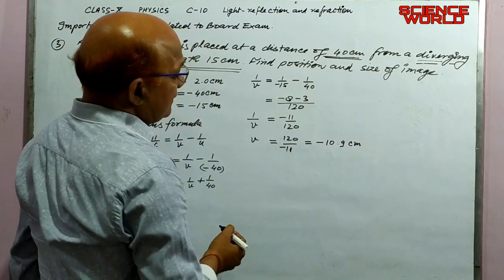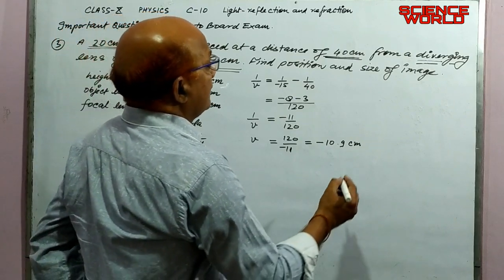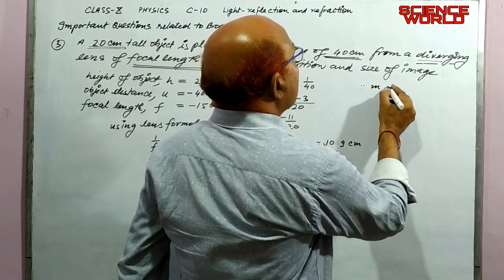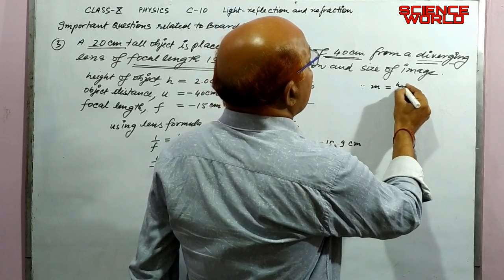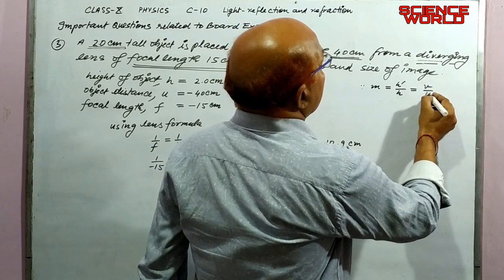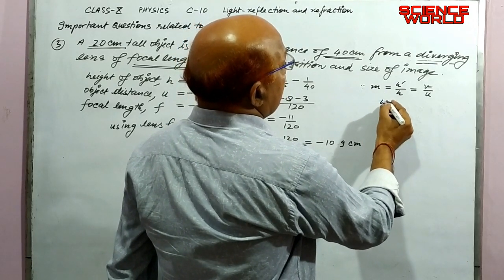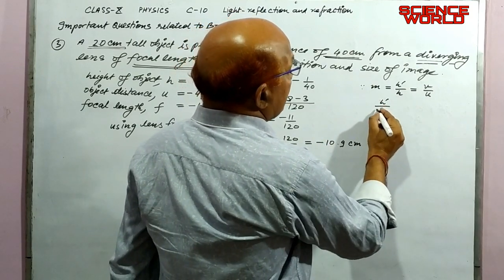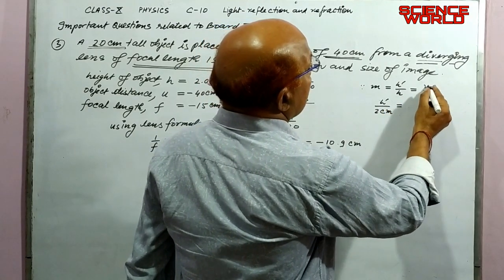Now, for size of image, we will use magnification formula. Since m equal to, for lens, m equal to h dash upon h, this is equal to v upon u. So, you can write h dash upon h, height of object, it is given 2 centimeter. This is equal to v.